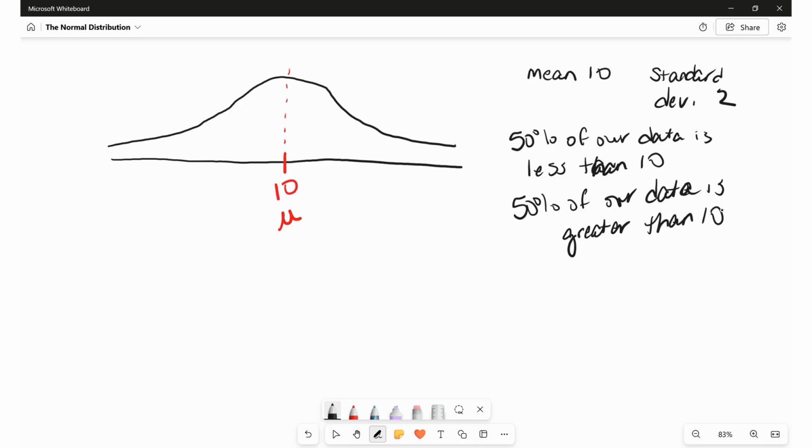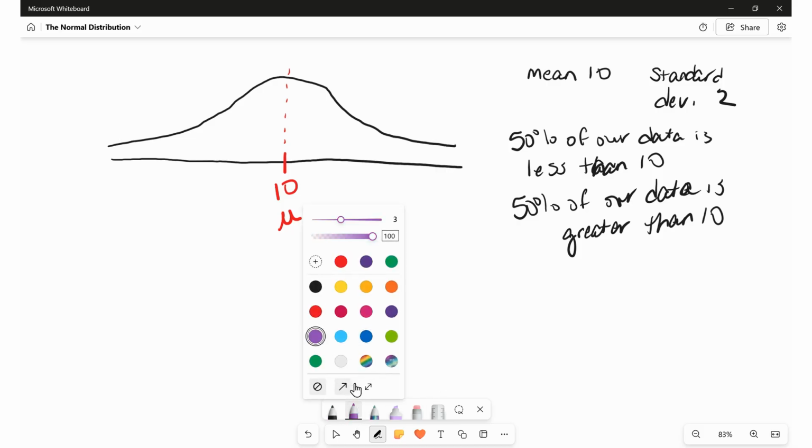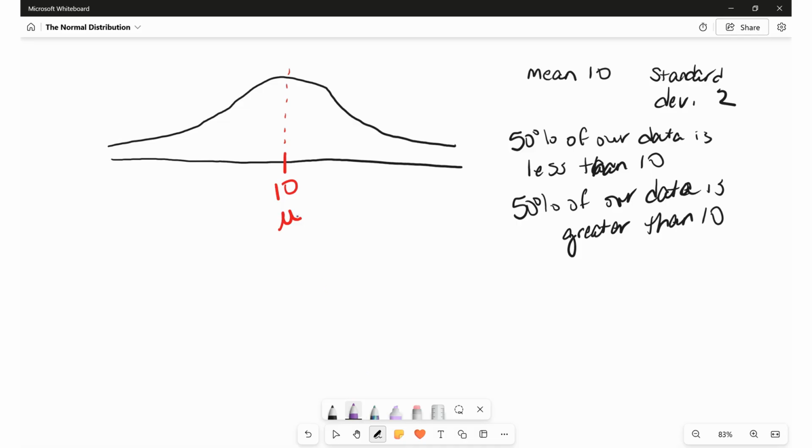Now, it's really important that we know that our standard deviation is 2, because that means that this is our mean minus 1 standard deviation.